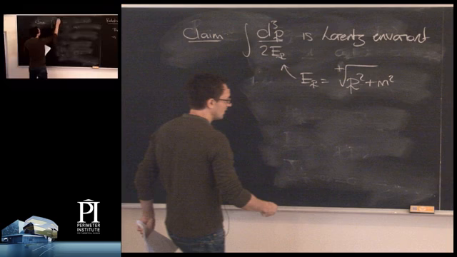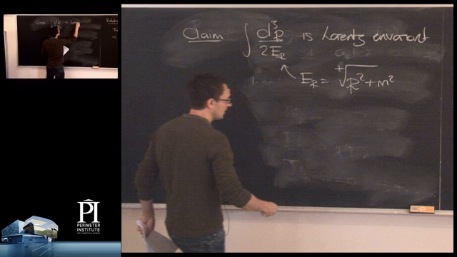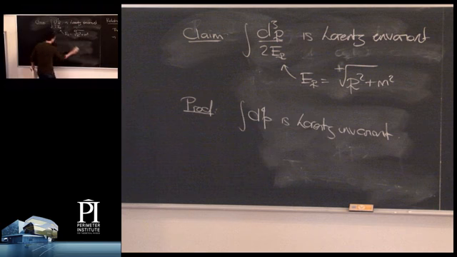My claim is that the following measure over 3-dimensional momenta is a Lorentz invariant measure, where, remember, the energy here is the energy of a relativistic particle. Okay, so let me just prove this.